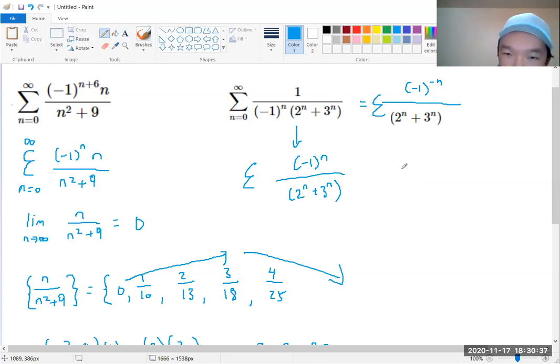What is b of n here? So does this go to 0?